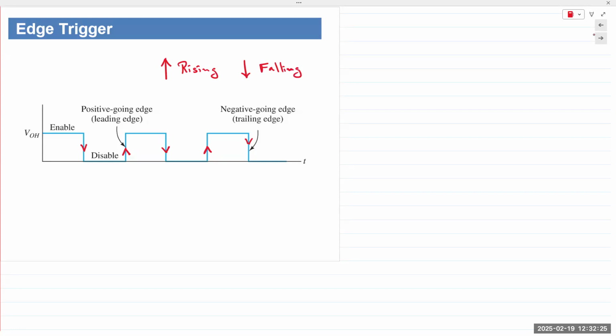The other words associated with this are leading and trailing or lagging.